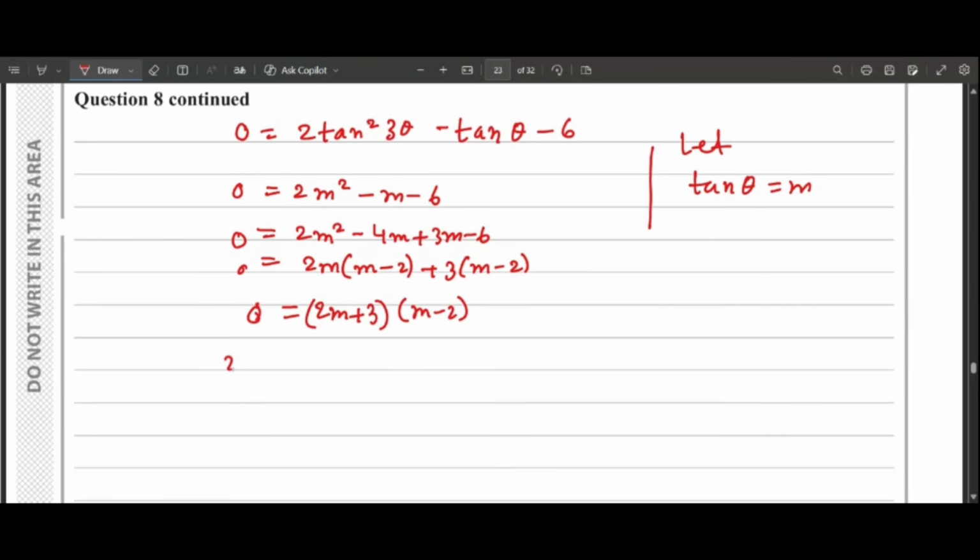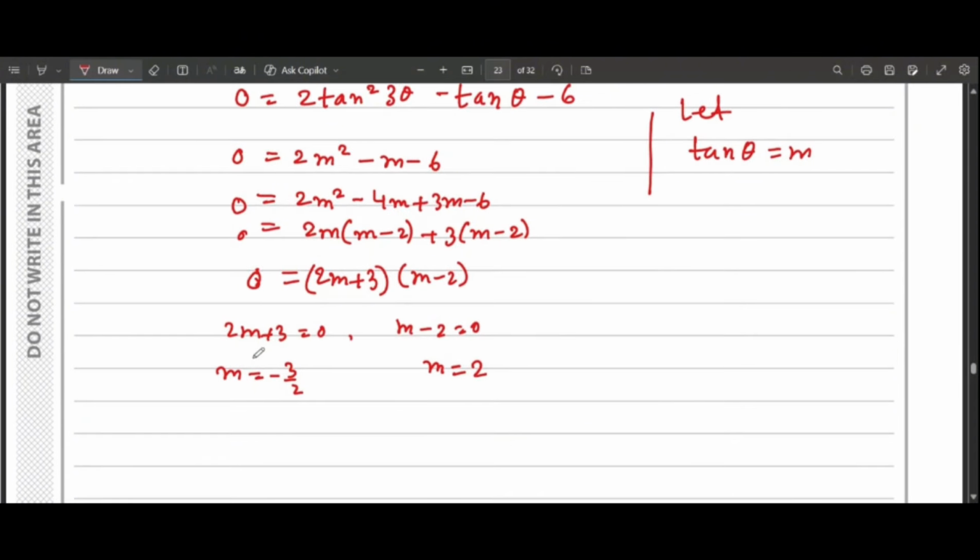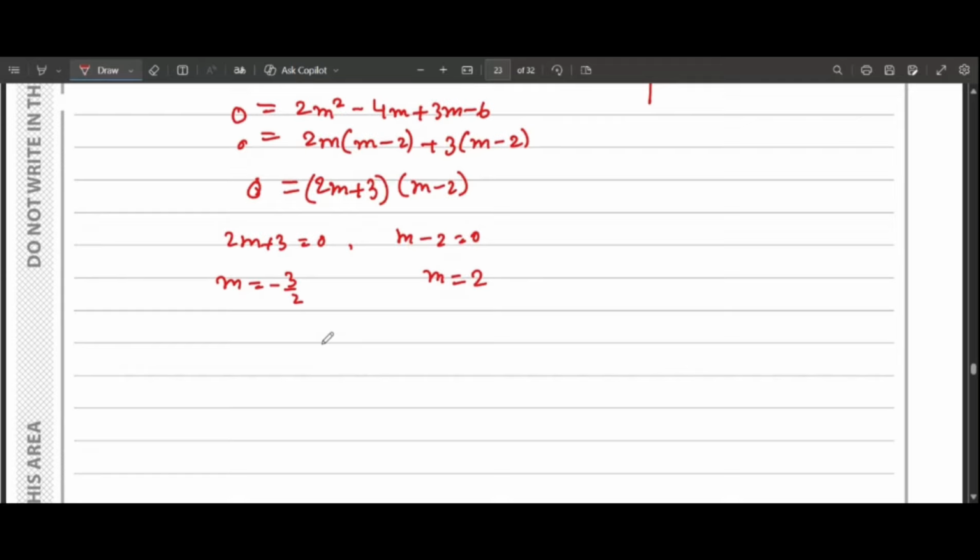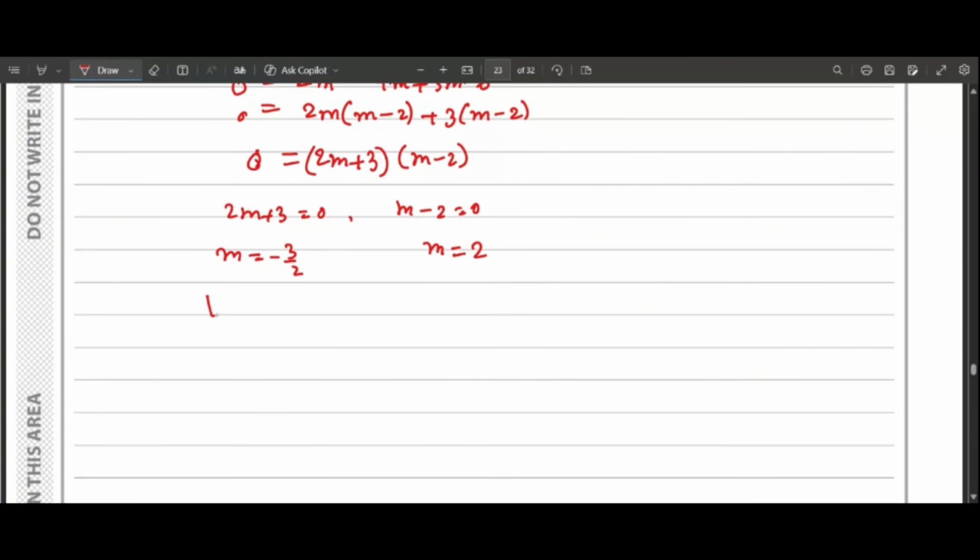So we can write 2m plus 3 equals 0 or m minus 2 equals 0. m equals minus 3 by 2 or m equals 2. These are the values for m. Remember that we assumed that tan 3 theta is equal to m. So we now have to write that tan 3 theta is equal to minus 3 by 2 and tan 3 theta is equal to 2.